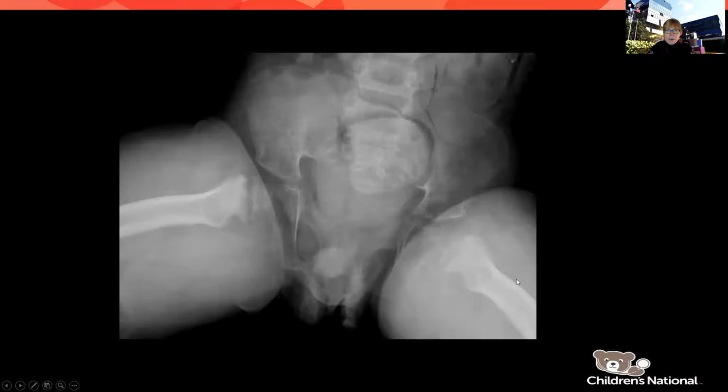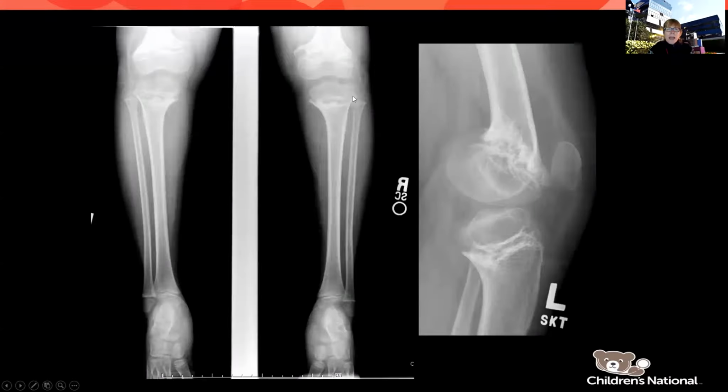These could be mimickers of just a rickets, but they're going to be affecting the femoral heads. Looking at the wrists and the knees are like the best bones to look for. And you're going to see kind of this flaring, irregularity. There could be some sclerosis, and you can end up having abnormal physeal fusion.